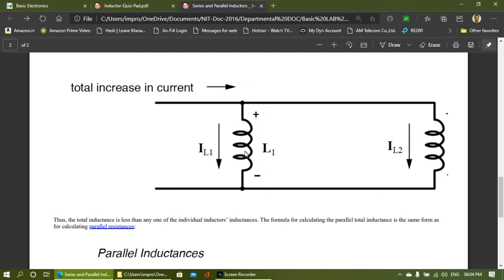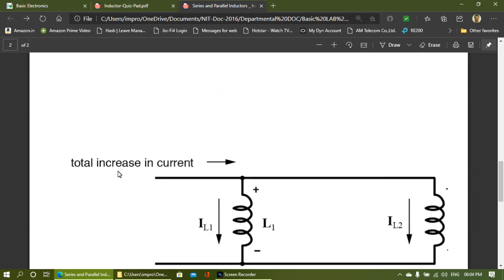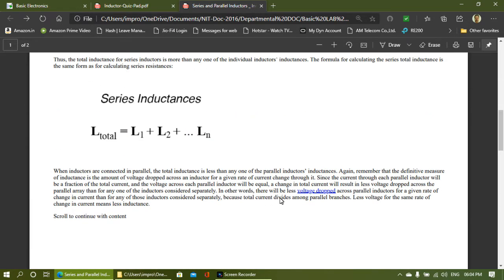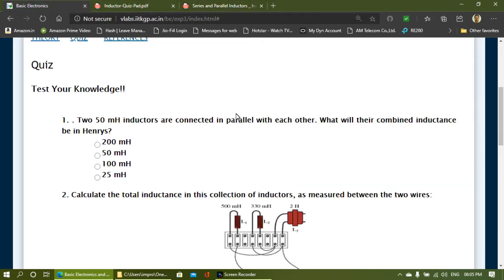As a result, the voltage is less, so your inductance will be less. I will not read this thoroughly because it would make the video very lengthy, so we will go directly to the quiz.